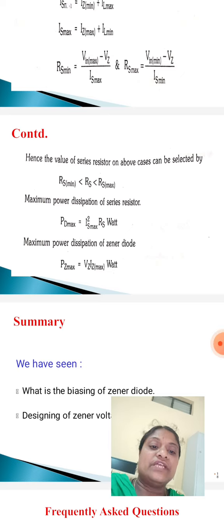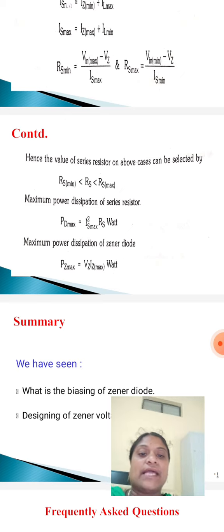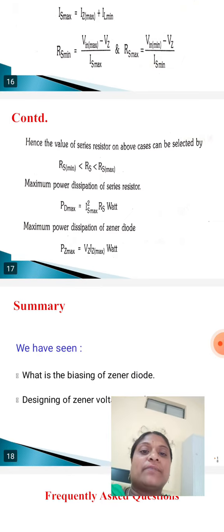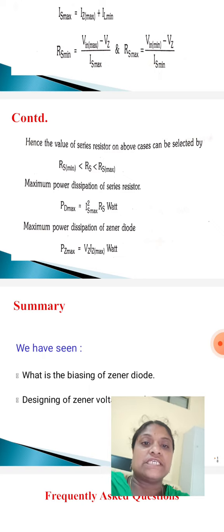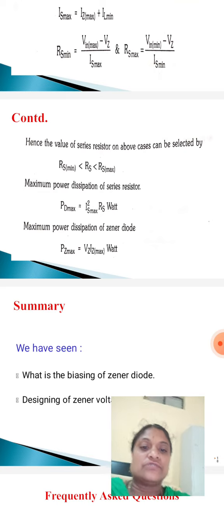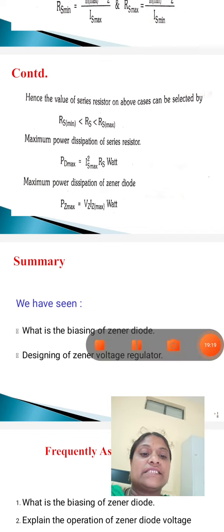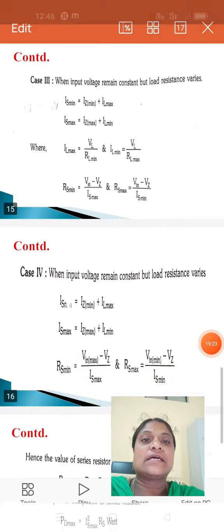P means V into I, so Pz maximum is equal to Vz into Iz maximum. So in terms of minimum and maximum values, the power dissipation in the series resistor, the power dissipation in the Zener diode, and the series resistor values are found out. Okay. These are the four different cases of the Zener voltage regulator. These are completed.